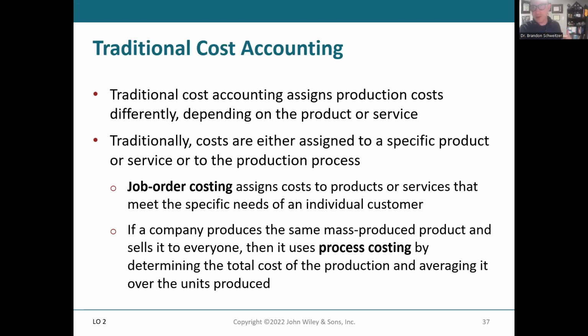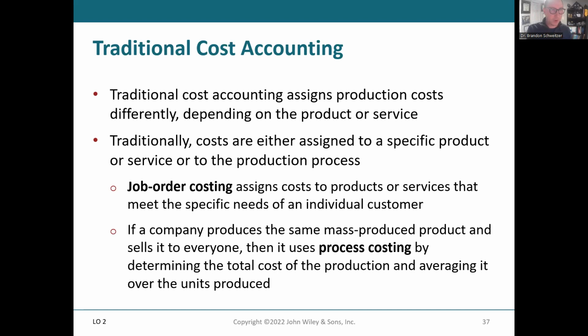That customer order is a job, and we track direct materials, direct labor, and factory overhead applied to each job. If a company is producing mass product and sells it to everyone, we call that process costing. Process costing is something that's continuous in nature. So job order costing is specific to the customer. Process costing is continuous.